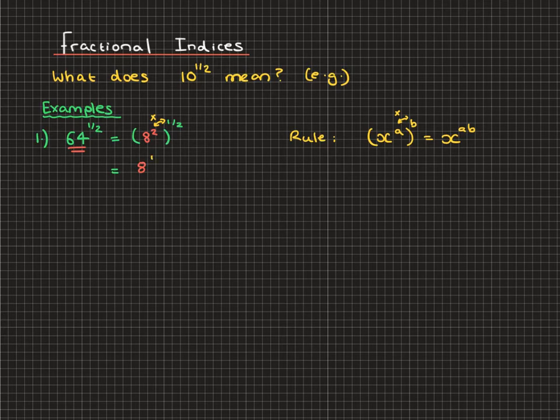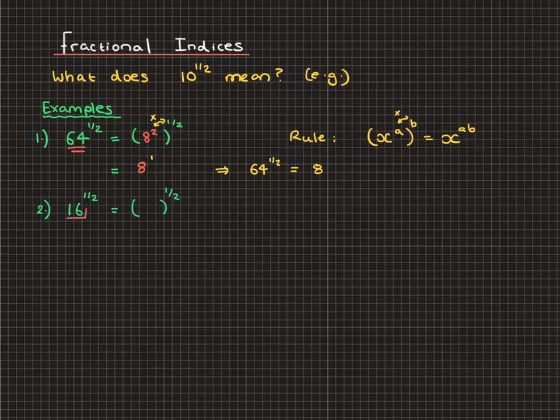So the answer to 64 to the power of a half is equal to 8, because 8 to the power of 1 is just 8. So that's quite interesting. Let's try another example to see if we can start to build up a pattern. 16 to the power of a half. Now, I'm going to do something similar to last time.